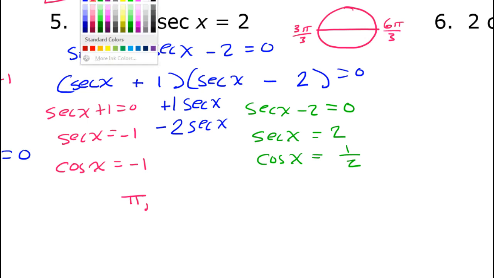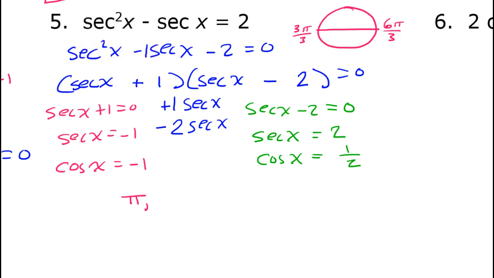Okay, so let's see. We want cosine to be positive 1/2. So that means we want angles that are on the right-hand side of the circle. So I want this and I want this. All right? Above and below the x-axis, but on the right-hand side where cosine is positive. Of course, this first one is simply pi over 3 because that's the reference angle.